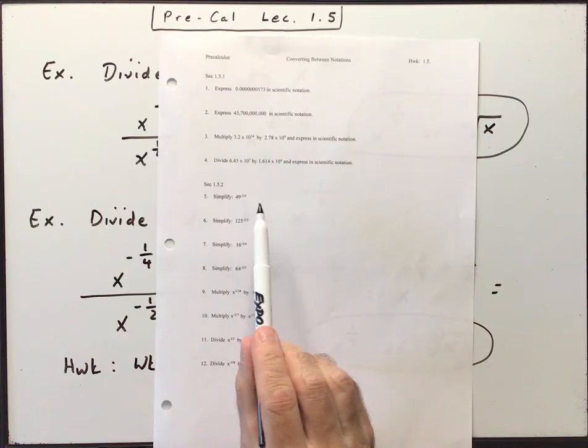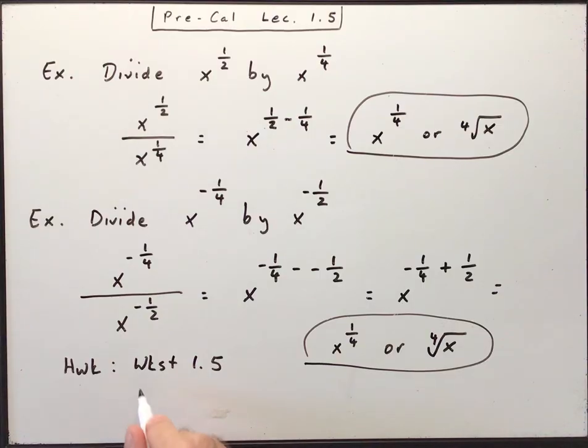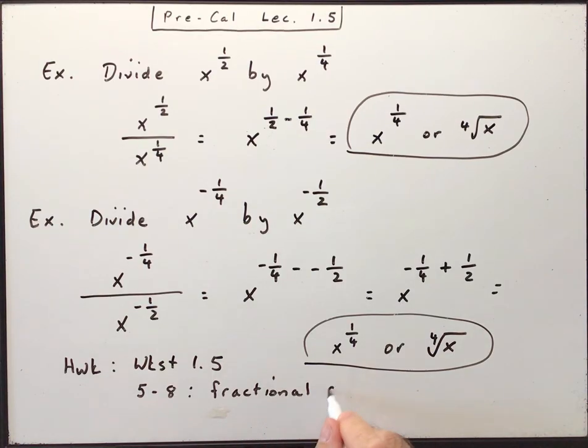So for 5 through 8, I'm looking for a fractional answer. So what I'm looking for is, your final answer might be 1/64. That's not true on any of these problems, but something like that. Go ahead and do like the example where the answer was 1/125, so 1/64.